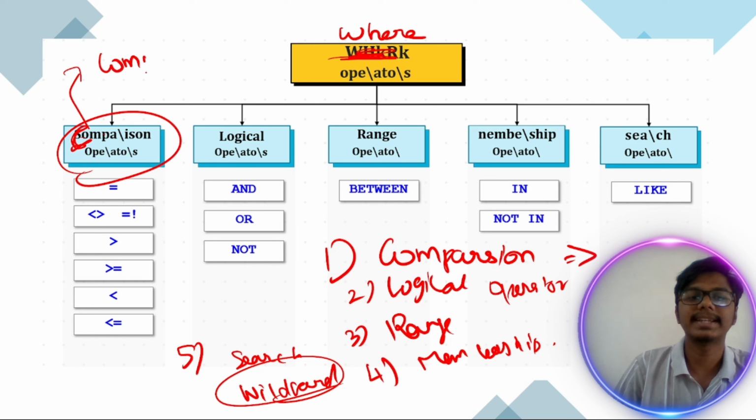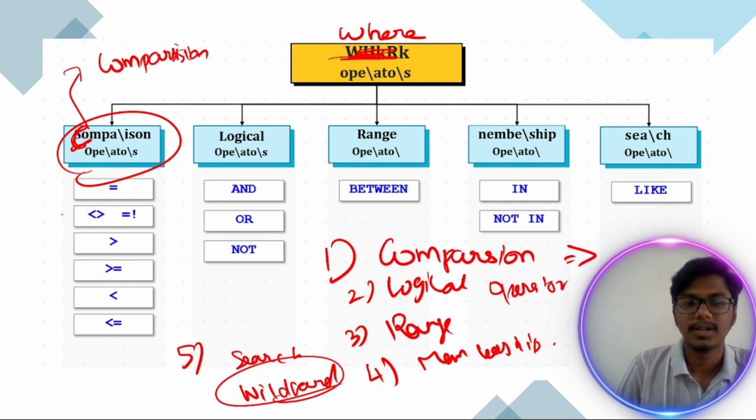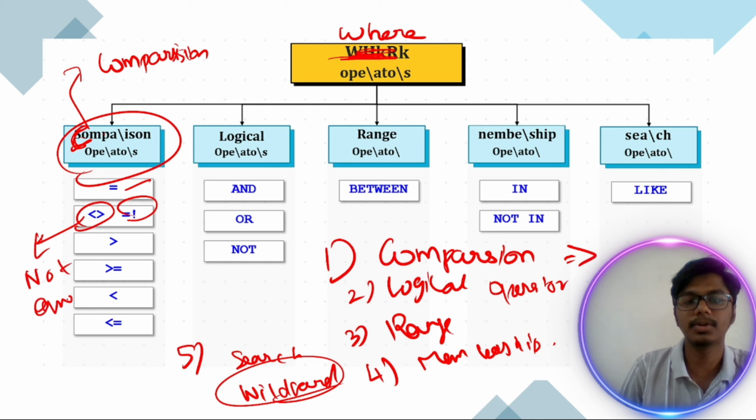Let me write it here: comparison operator. I prepared this image using ChatGPT, so it makes some mistakes, but it looks pretty good, right? In the comparison operator, we are going to discuss equal to, not equal to. In SQL, not equal to can be written using the less than and greater than symbols together. Then greater than, greater than or equal to, less than or equal to.